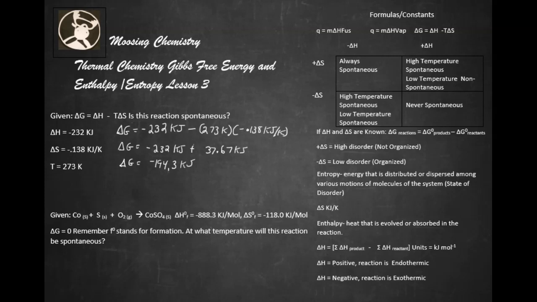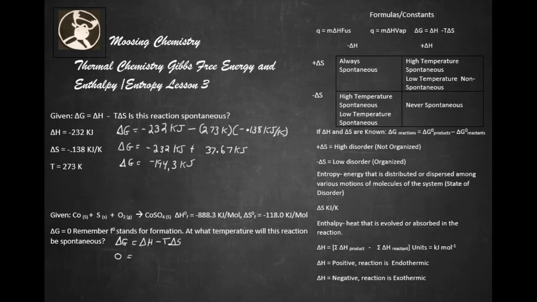Okay, well, let's go ahead and write our formula. Delta G equals delta H minus T delta S. Okay? So delta G is 0.